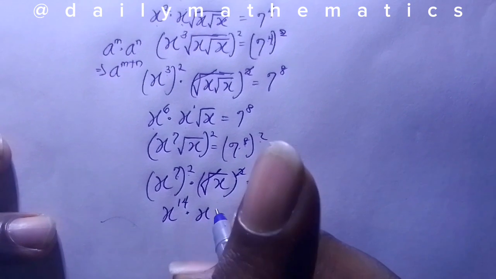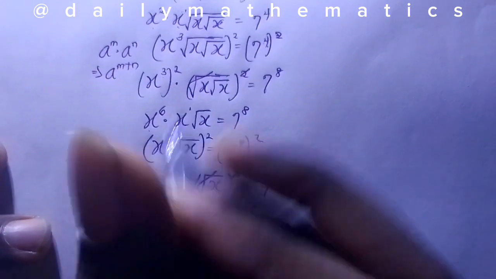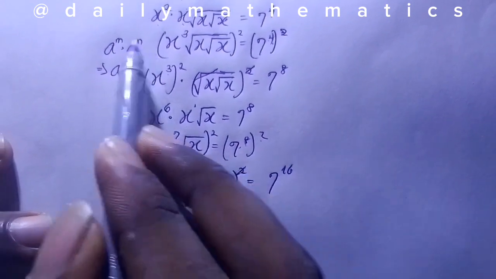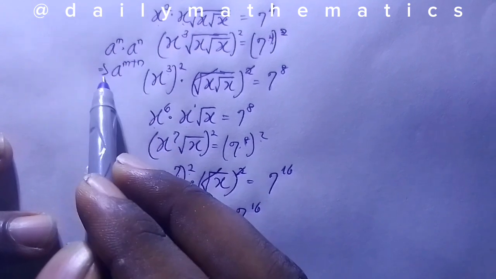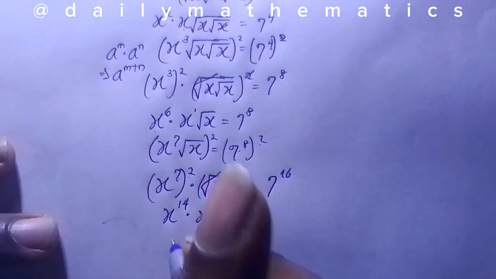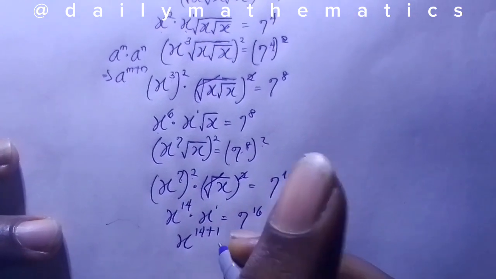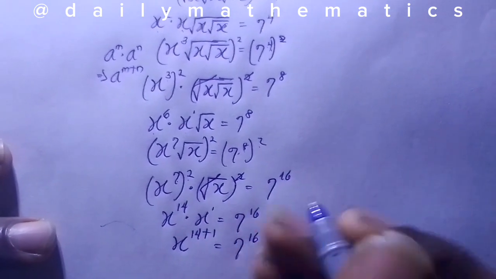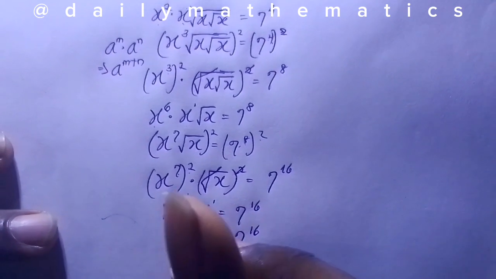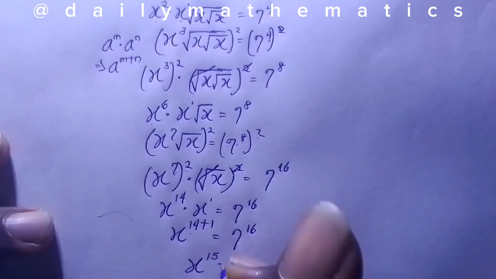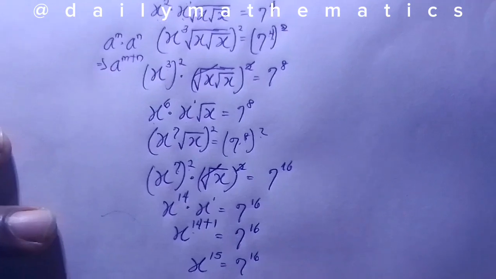This x is raised to the power of 1. When we have a raised to the power of m times a raised to the power of n, it equals a raised to the power of m plus n, and we do the same here. So it equals x raised to the power of 14 plus 1 equals 7 raised to the power of 16. 14 plus 1 gives us 15, so x raised to the power of 15 equals 7 raised to the power of 16.